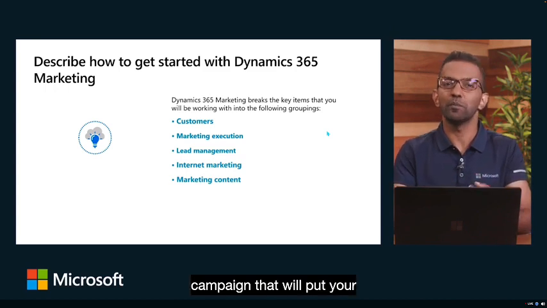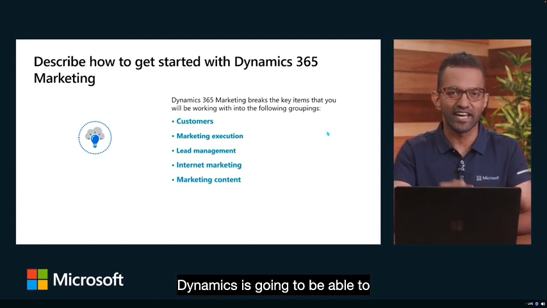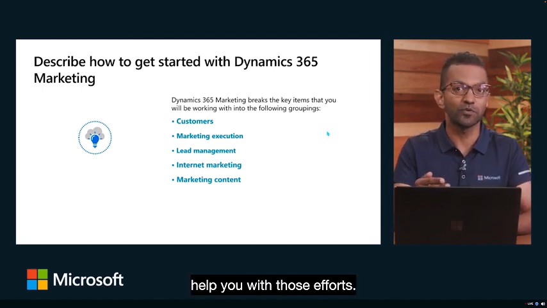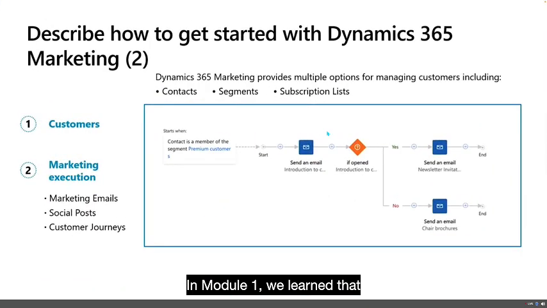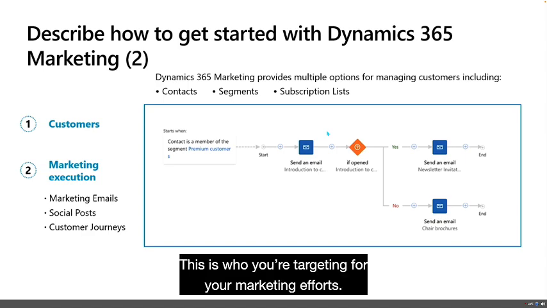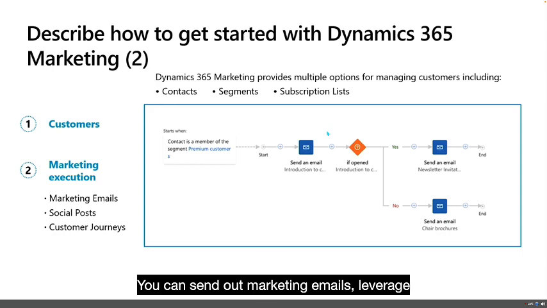In Module 1, we learned that customers are the folks who are buying your products or services. This is who you're targeting for your marketing efforts. And there are a lot of different ways you can do this. You can send out marketing emails, leverage social media to reach out to your customers. You can even build out a custom customer journey so that you can create a path depending on what actions the customer takes to make that sale happen.